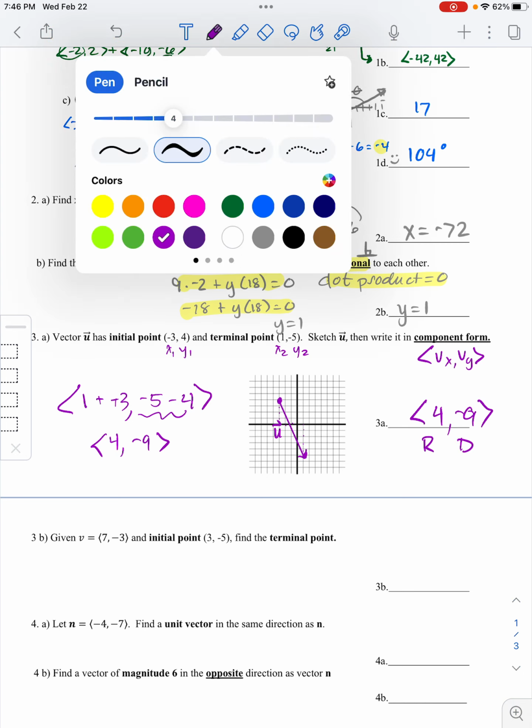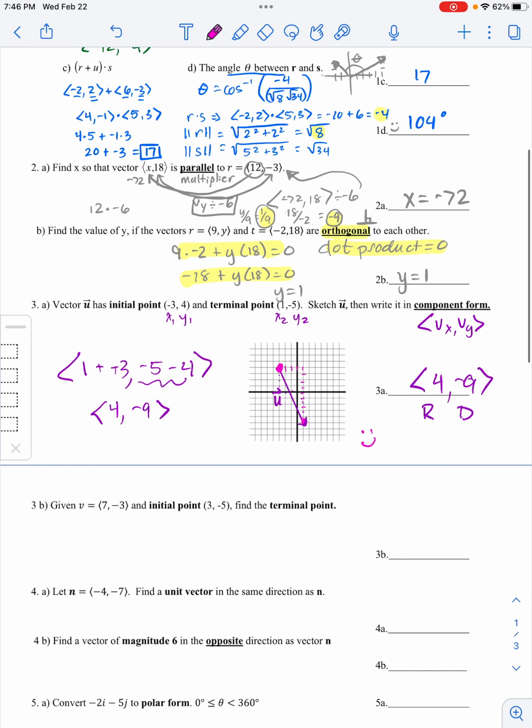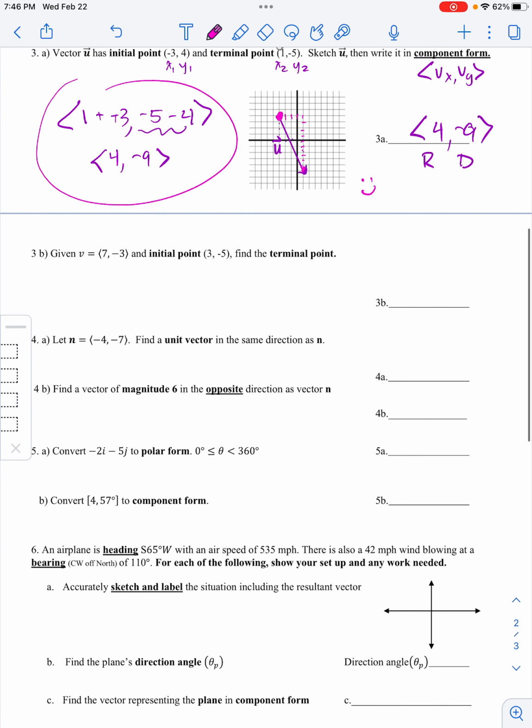So go back over there and see if that's actually what's happening from beginning to end. Am I going 1, 2, 3, 4 to the right and 1, 2, 3, 4, 5, 6, 7, 8, 9 down? The answer is yes. So then I feel pretty happy. When it says to show your work and your setup, this is all I'm looking for, and then it should jive with your picture.